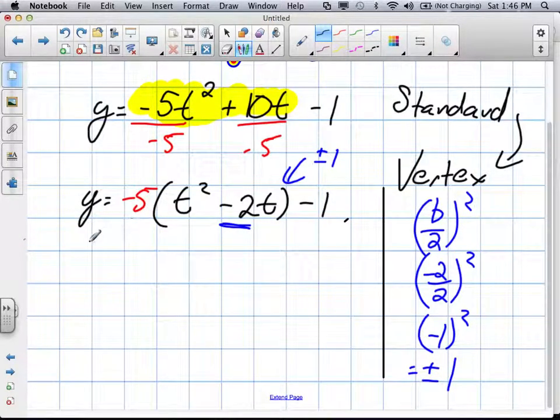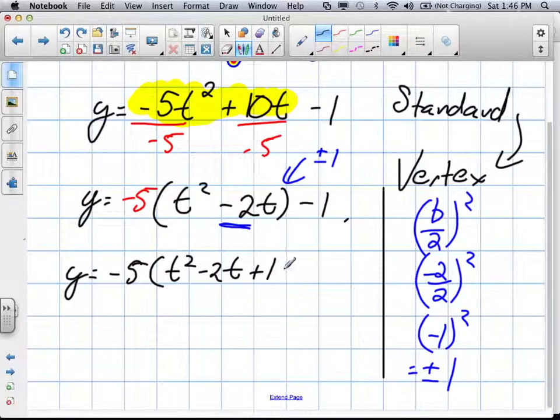So our next line now reads y is equal to -5 times t squared minus 2t plus 1, minus 1 on the outside of the brackets. Next thing I need to do is move the negative 1 to the outside. But in order to do that, we have to multiply by our A value, which is -5.